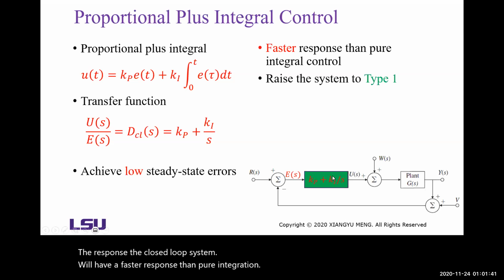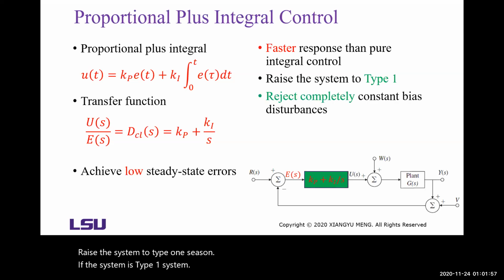Then with the help of the I controller, it can raise the system to a type 1 system. If the system is a type 1 system, then it can completely reject constant bias disturbances.